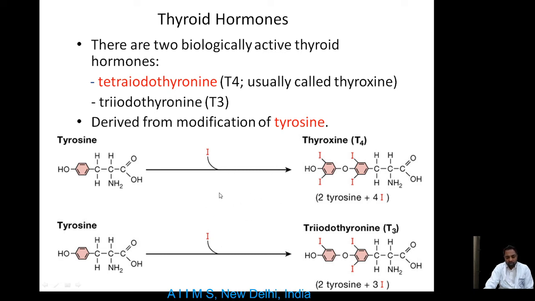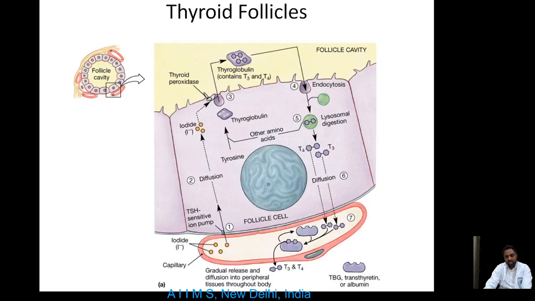And which is more potent, T4 or T3? T3 is more potent. 98% you find is T4, whereas 1 or 2% will be T3, and T3 is basically the active form.